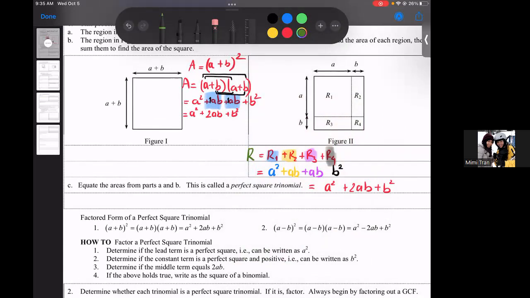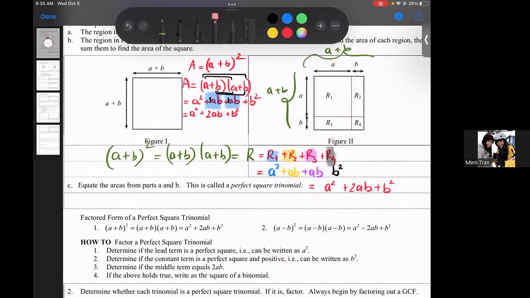What's the length of this? A plus B, right? Here it's also A plus B. So the area of the big R is A plus B times A plus B, because length times width. Here, width and length are the same, so it equals A plus B squared.